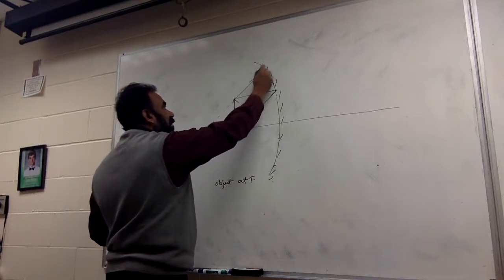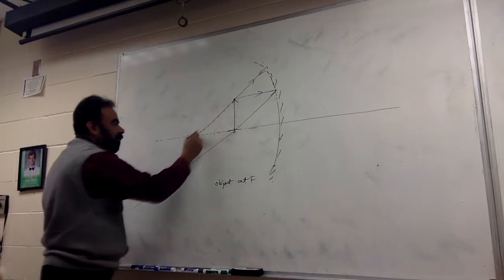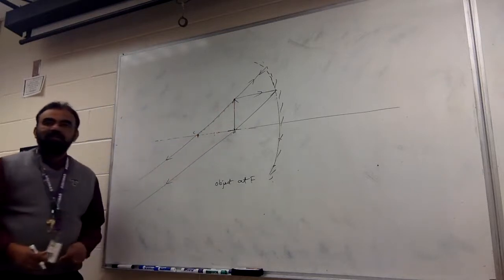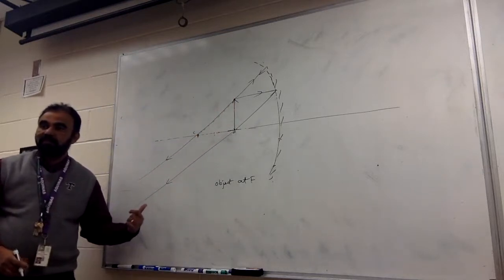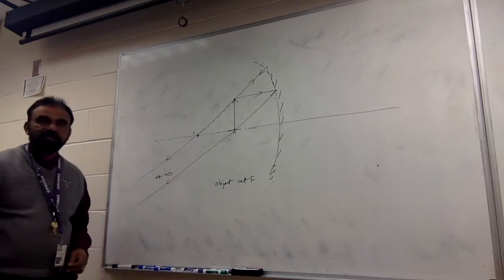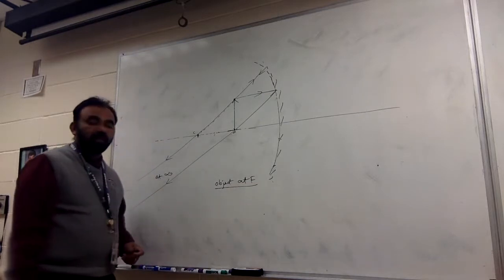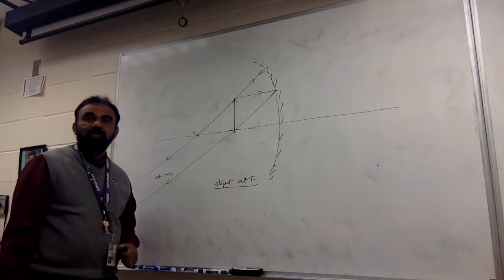After hitting, what will happen to that ray? Bounce straight back and goes like that. Where do these meet? At infinity. So, when the object is at F, you cannot form an image because they don't converge at all. They just go parallel.